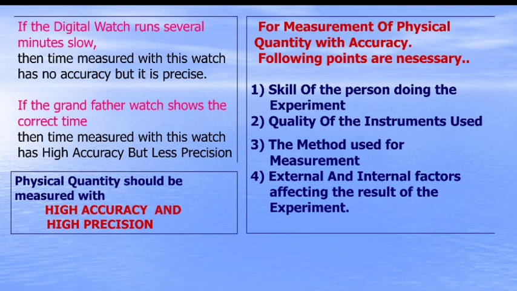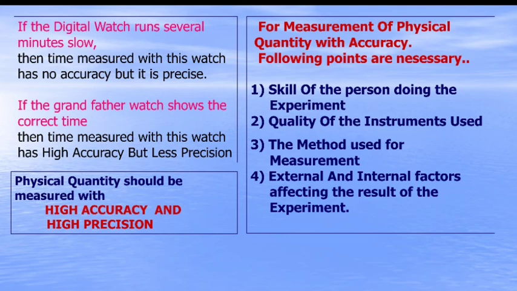Now, one example: if the grandfather's watch shows the correct time, then the time measured with this watch has high accuracy but less precision. A physical quantity should be measured with high accuracy and high precision.